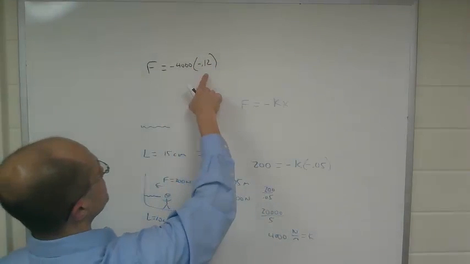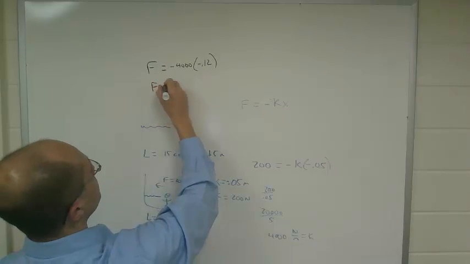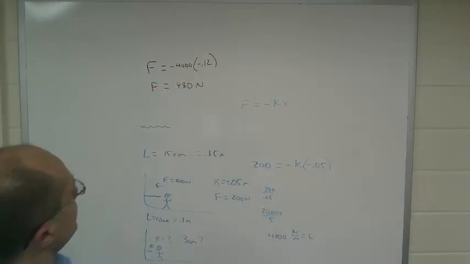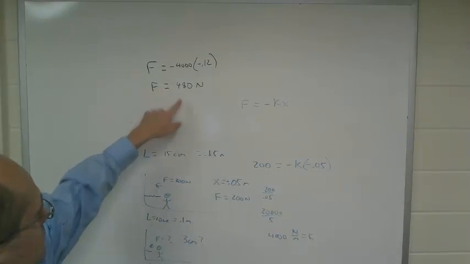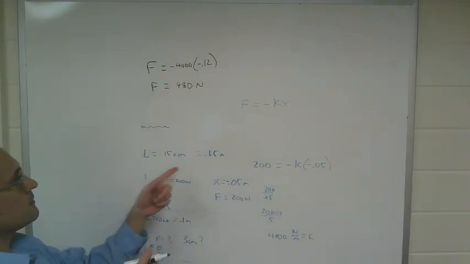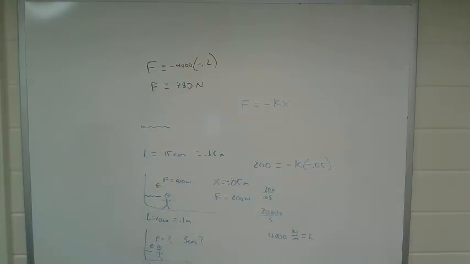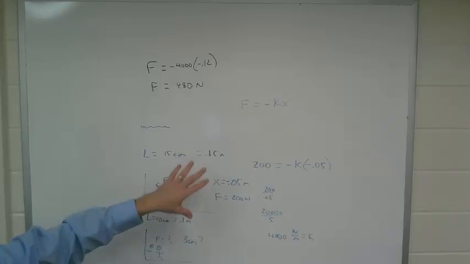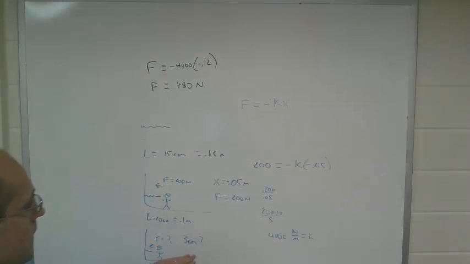So what we see is our force is 480 newtons. And so if we apply a force of 480 newtons, our spring will be down to 3 centimeters in length from the original 15. So this is just a problem looking at calculating a k value and then using that k value to make a second calculation.